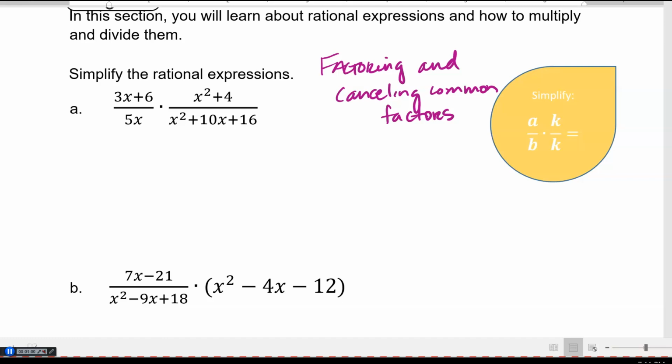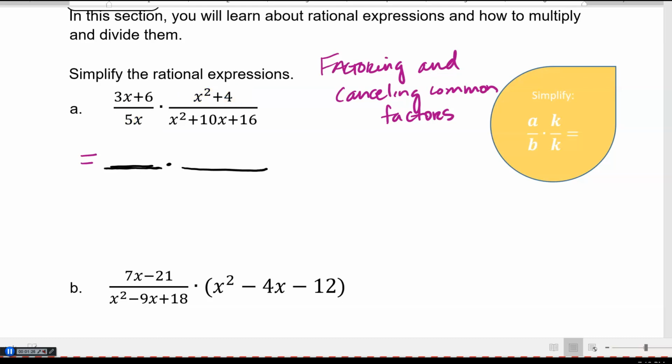For example, A, we have all of these polynomials. Are any of them factorable is the question. So identify what is factorable. Is 3x plus 6 factorable? Is x squared plus 4 factorable? Is 5x factorable?